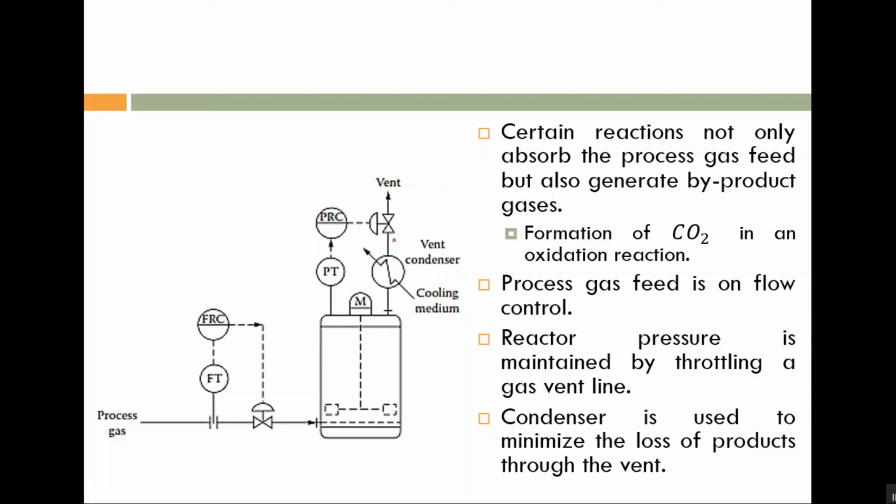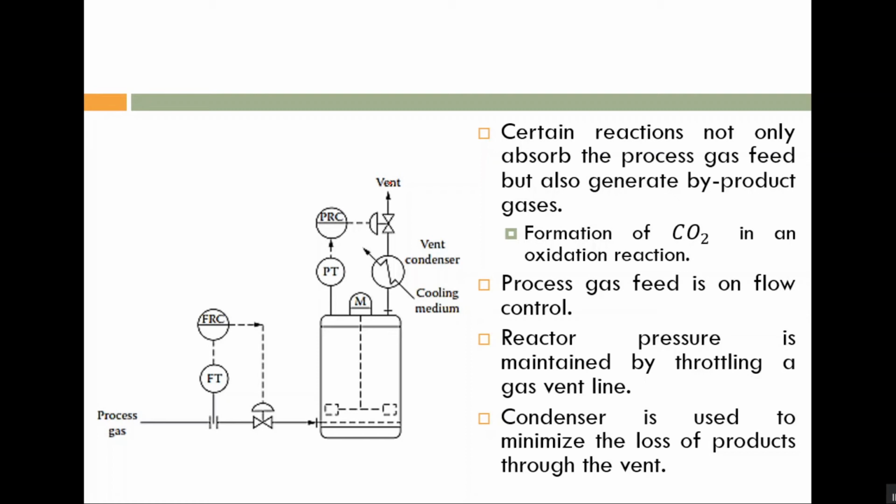Am I correct? But the problem is, due to small density, I told you the byproduct gas will escape through this line. Along with this byproduct gas, a small amount of the required product gas may escape. That means the byproduct gas will carry some amount of the required product along with it.